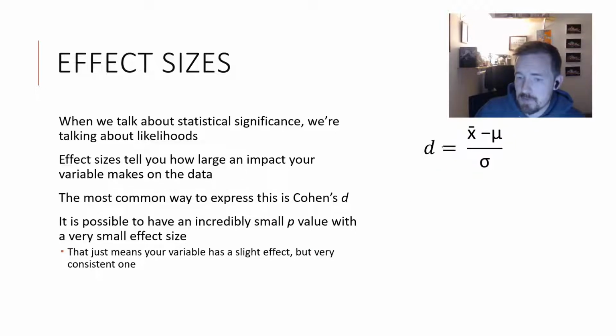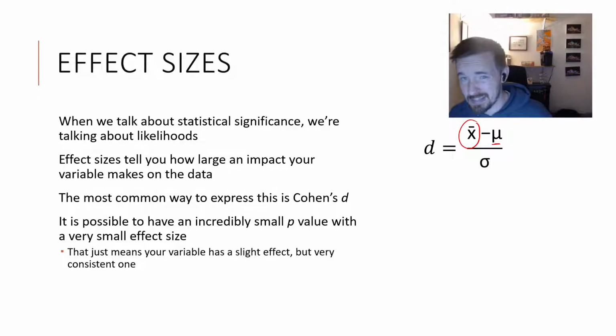So how we're going to do this is that we are going to take our sample mean, subtract that from the population mean, and then divide that by the standard deviation. The only thing that's different from the z-score in the previous example is that we're not looking at the standard error. We're basically calculating a z-score.